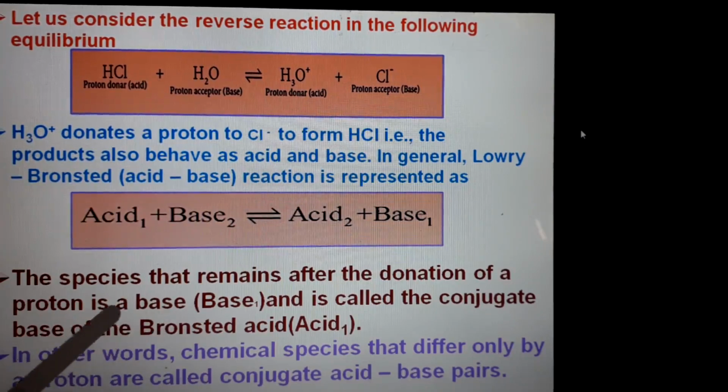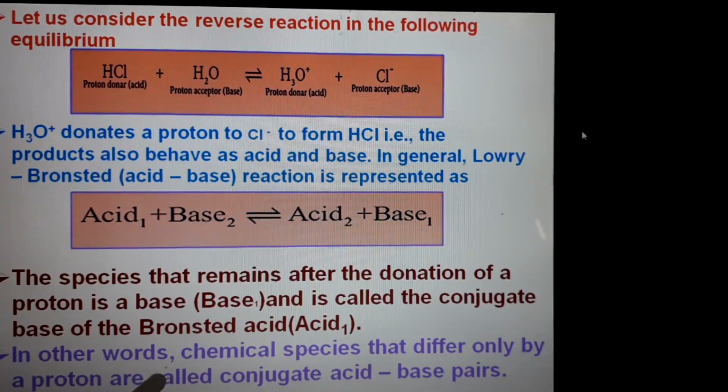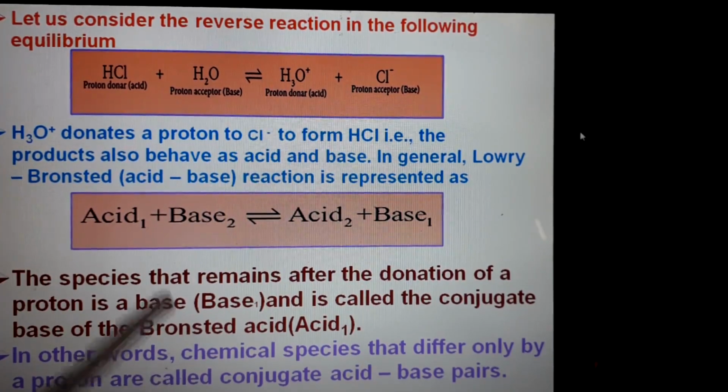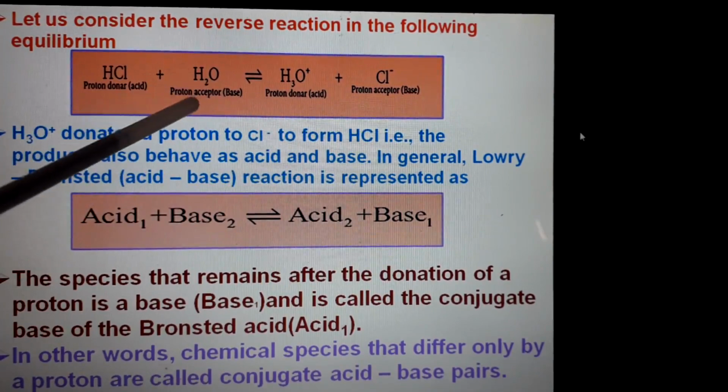Base 1 is the conjugate base and acid 1 is called the Bronsted acid. Note that. In other words, chemical species that differ only by a proton are conjugate acid-base pairs.